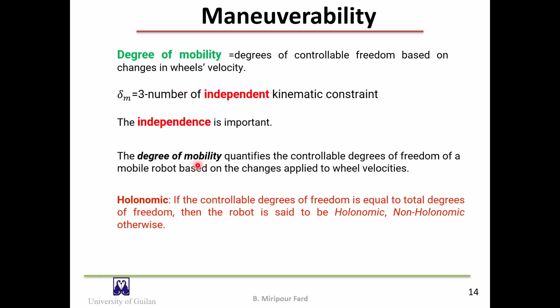The degree of mobility quantifies the controllable degrees of freedom of a mobile robot based on the change applied to wheel velocities. If the controllable degrees of freedom is equal to total degrees of freedom, then the robot is said to be holonomic, non-holonomic otherwise.